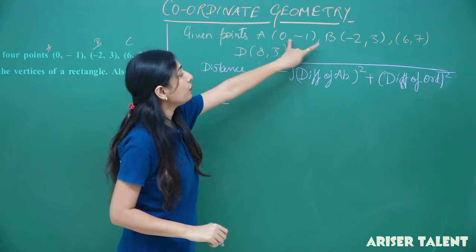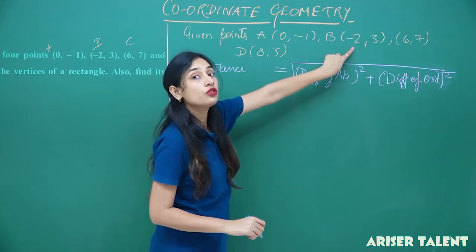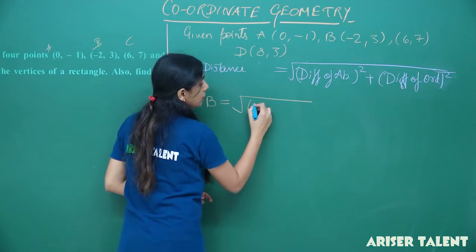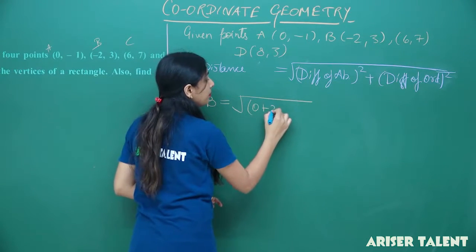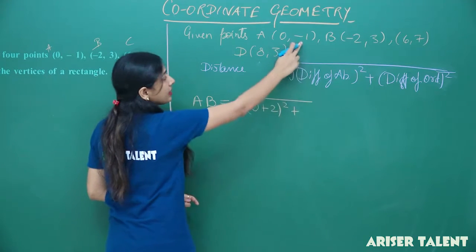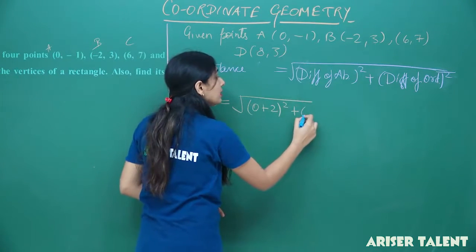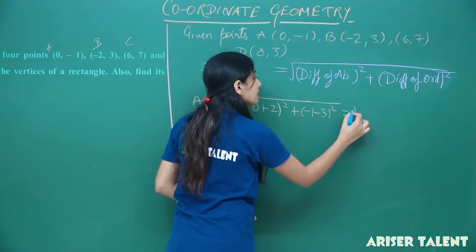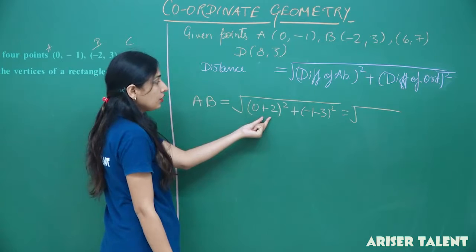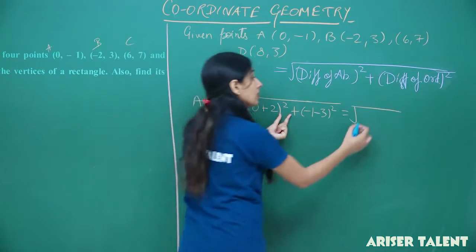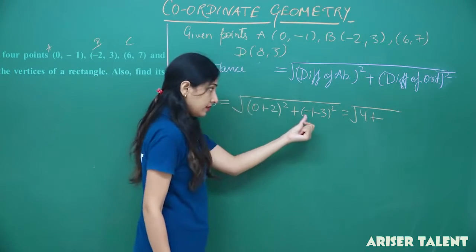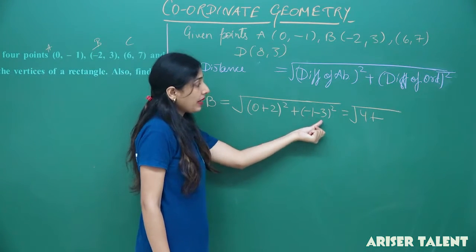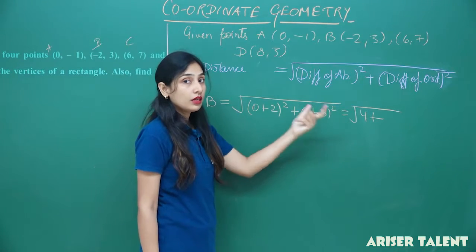Now the difference, 0 minus of -2, is +2. Root of 2 squared plus, now the ordinate, -1 minus 3, squared. 2 squared is 4, plus minus 4 squared, 16.